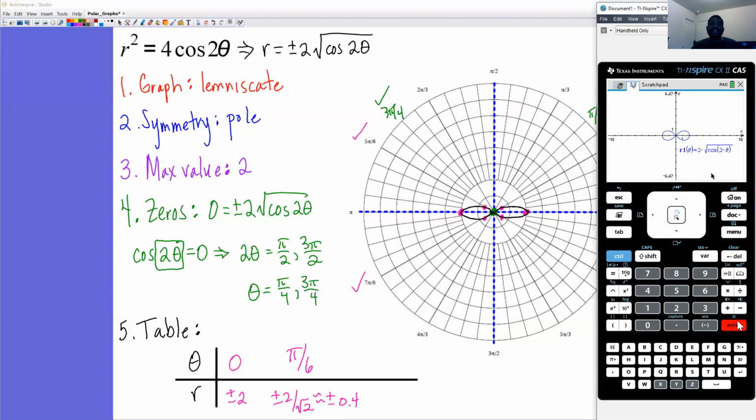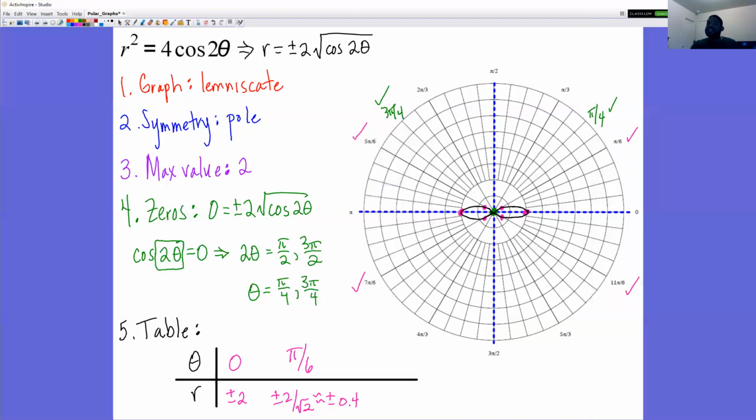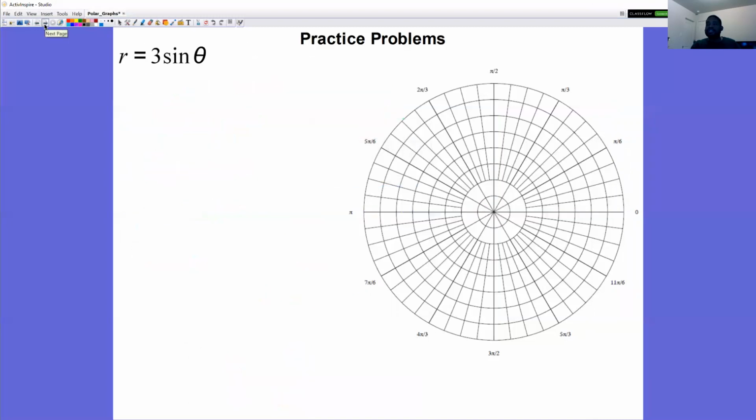So I did 3 examples of graphing and using the calculator to verify each of those graphs. If you understood these 3 problems, you should be able to graph these same 3 problems using the same procedure I did.